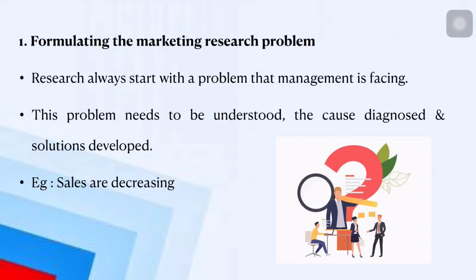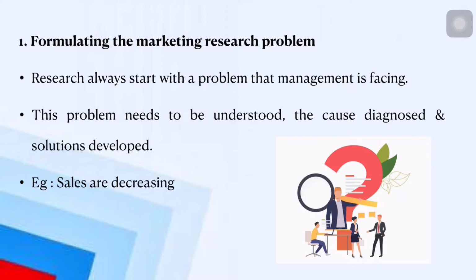Here, the example is given as the sales are decreasing every quarter, and the promotional activities are not connecting to the public or the society at large. Because you have a problem and you identify a problem, the moment you frame a problem or a question, that is when the international marketing research process begins.